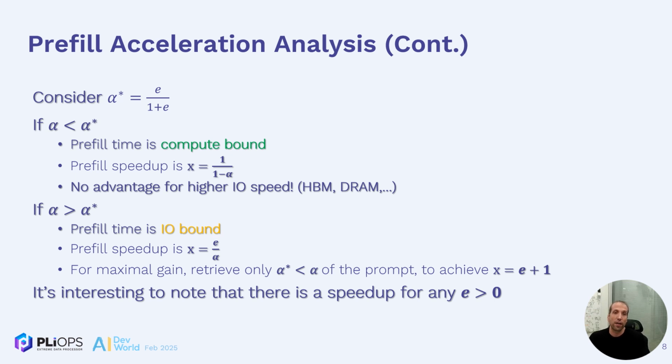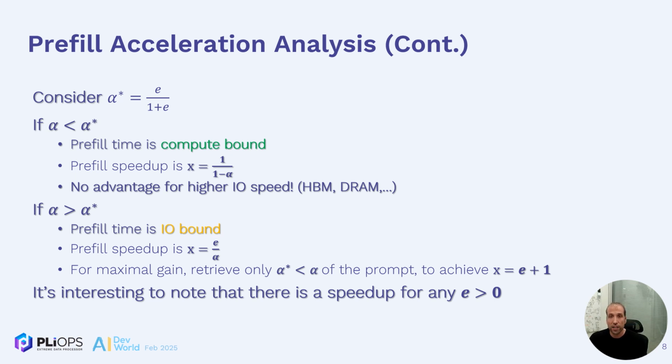Now, if we look at this gain, we can do a nice trick. Instead of retrieving all the stored KV cache from storage, in this case alpha, which is larger than alpha star, it's better to retrieve only alpha star from it. Why? Because this will enable us to maximally utilize both compute and I/O resources.